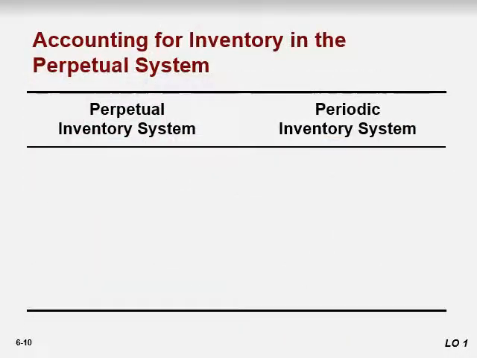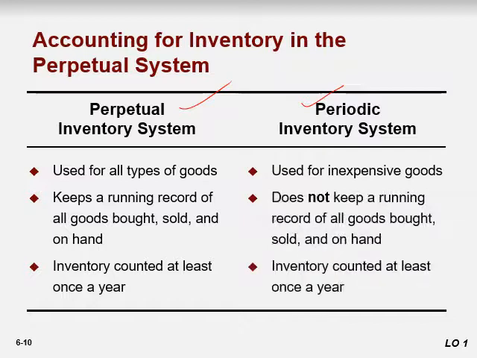Okay, now let's talk about the inventory accounting system. So there are two main inventory accounting systems. One is called periodic and one is perpetual. So the periodic accounting system is used for inexpensive goods. For example, a fabric store or a hardware store won't keep a running record of every bolt of fabric or every 10 penny nail. So instead, they count their inventory periodically, at least once a year, or at the end of the day, to determine the quantities on hand, right?